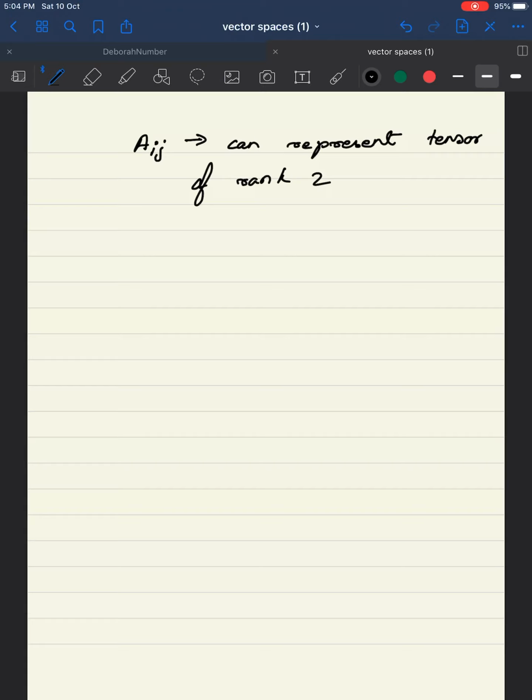Okay. So, a couple more things with regards to tensors, and that pertains to the transpose. So, the transpose of a tensor.